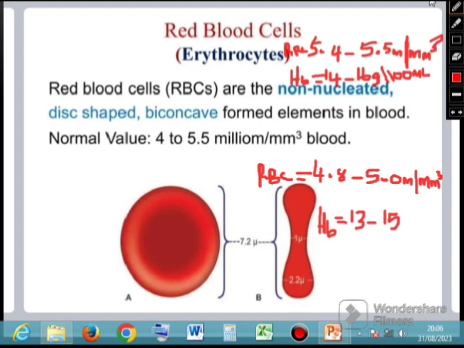He said there's a hormone called androgens, which are present in males. And that hormone helps in erythropoiesis, formation of red blood cells.